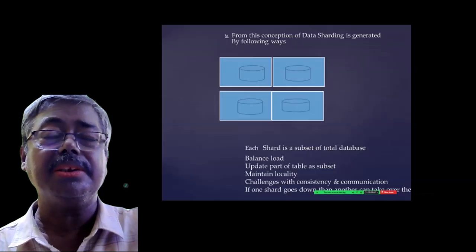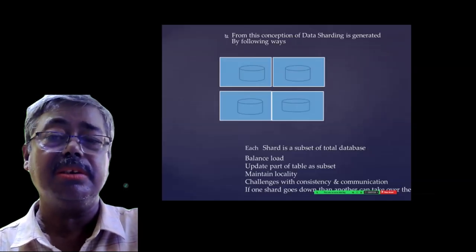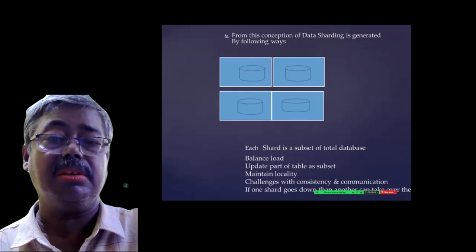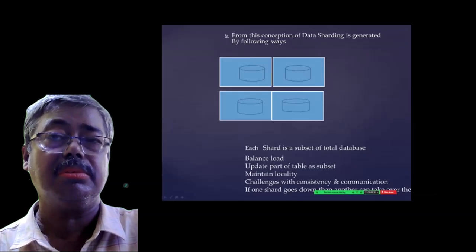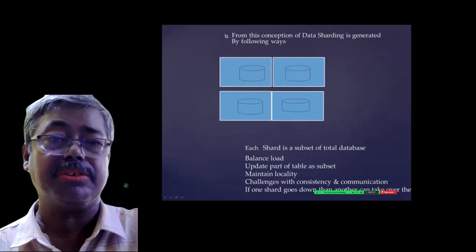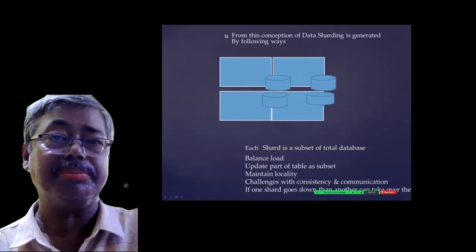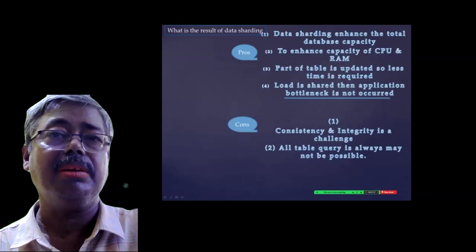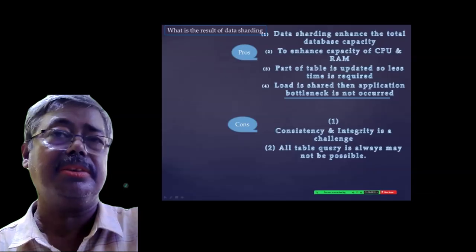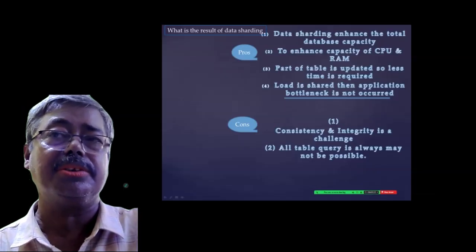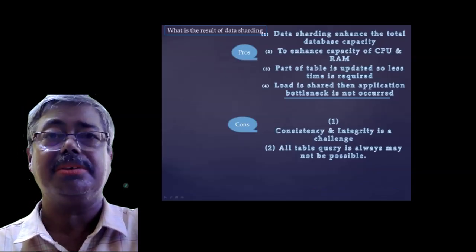Here the challenge is data consistency and communication. And if one shard goes down, another shard takes its place for recovery. And this is the facility of the shard. Data sharding enhances the total database capacity.